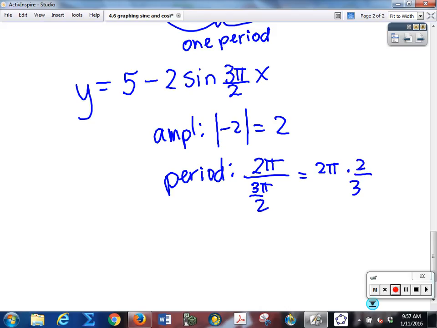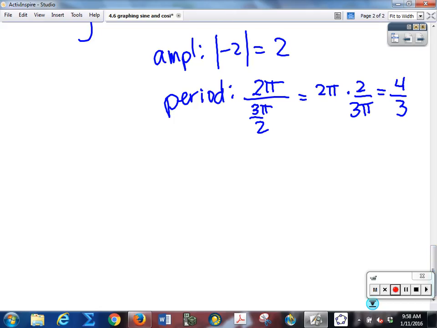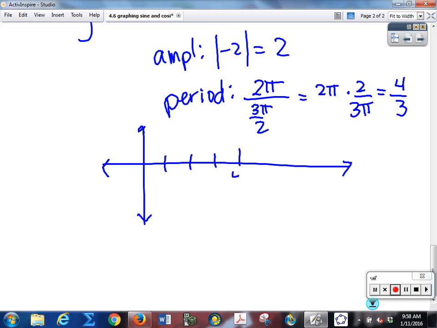So, I mean, that would be kind of ugly to graph, but it wouldn't be that bad. It's more a matter of the fractions are kind of a pain. You'd go 1, 2, 3, 4. This would be 4/3. Well, 1, 2, 3, 4, what would that be? 8/3. Now just remember, this is half of this. What's half of 4/3? 2/3.